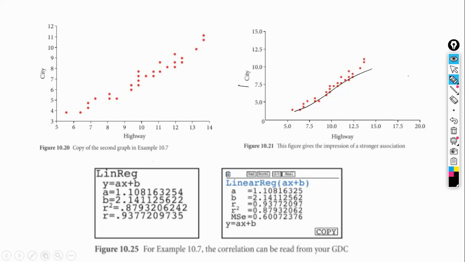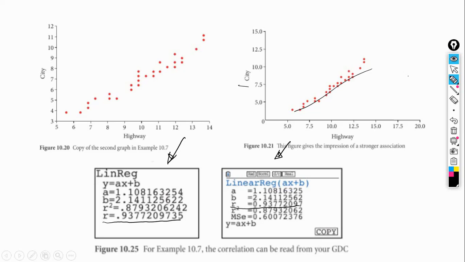However, if you run a function in the calculator, in two separate calculations, one for the graph on the left and the other for the graph on the right, although they seem different because they have different scales for the city, it turns out that they have the same correlation coefficient R. They give the same value, and notice that the correlation coefficient is close to 1, which means that they are very closely correlated.